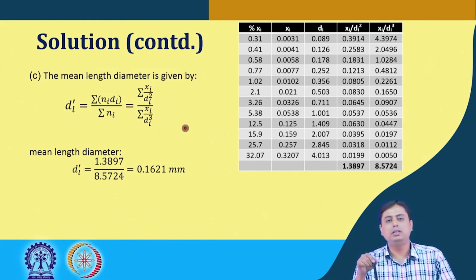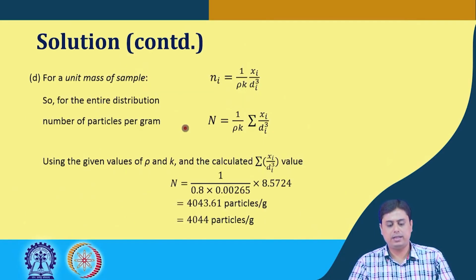So, I hope this example helps you understand this concept of finding the mean from a size distribution table, be it mass distribution or number distribution. And you should also be able to convert between the number and mass distribution for any given size distribution.